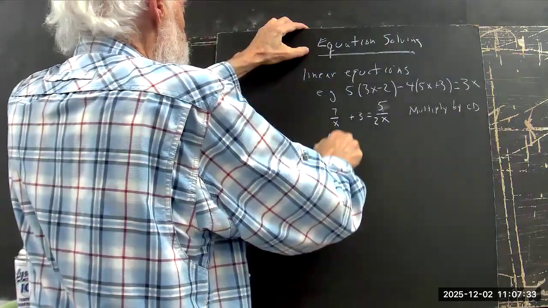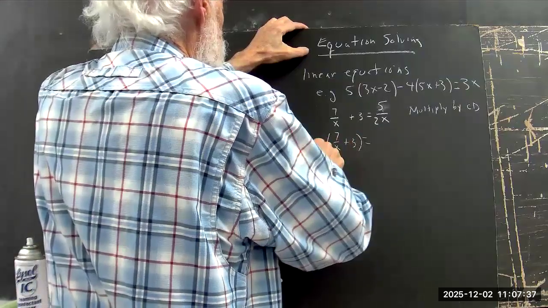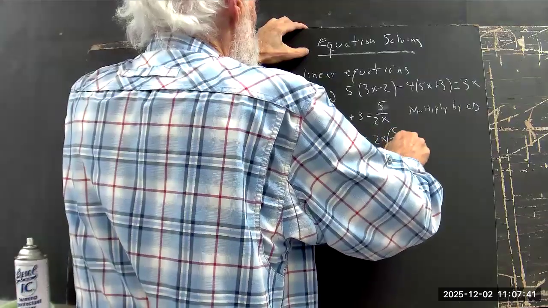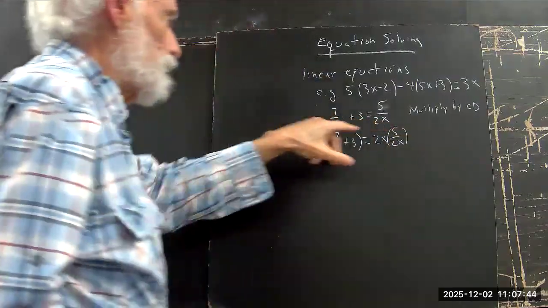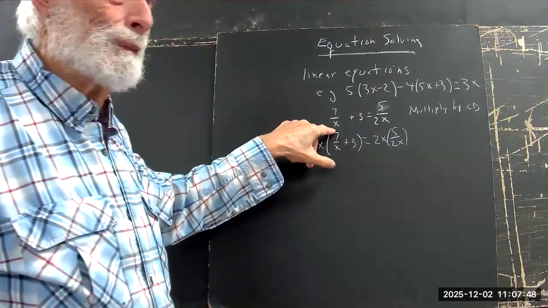You do 2x times 7 over x plus 3, sorry, 2x times 3, equals 2x times 5 over 2x. 2x being the obvious common denominator. If you've got 2x, then you've got the x.